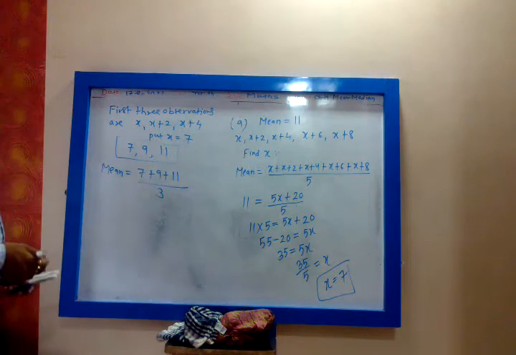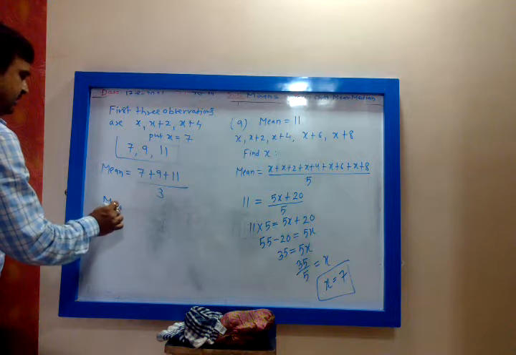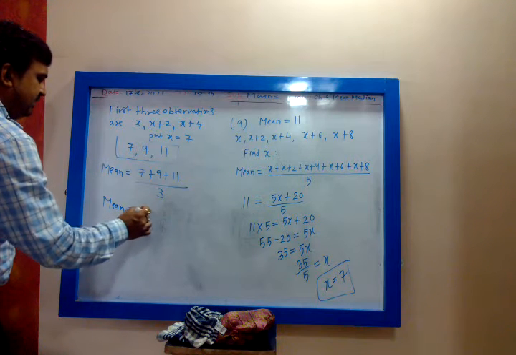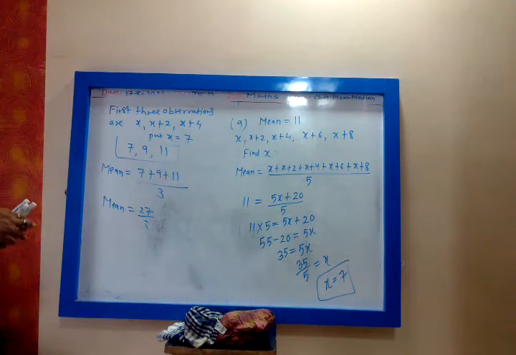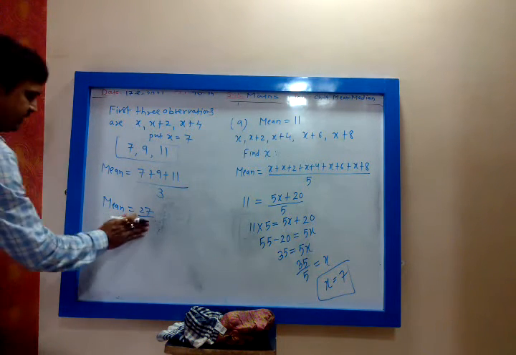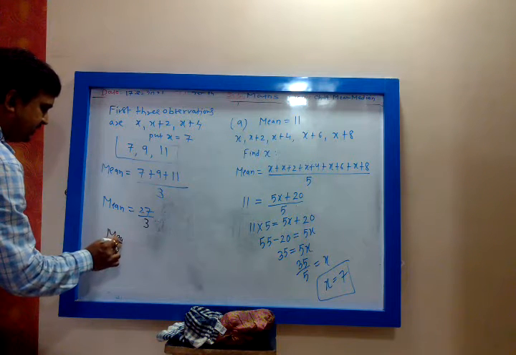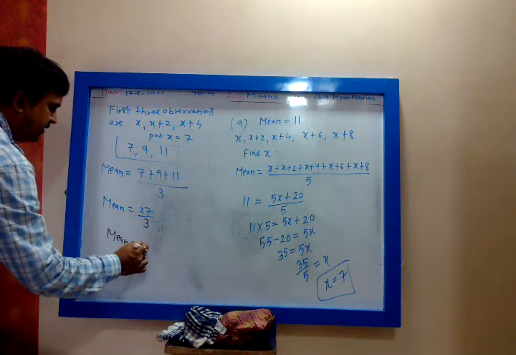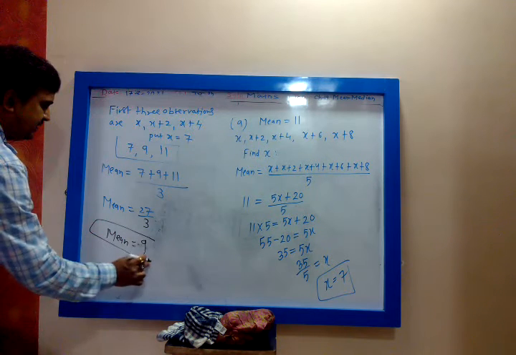Divide by 3. 9 plus 7 is 16, 16 plus 11 is 27. 27 divided by 3 is 9.